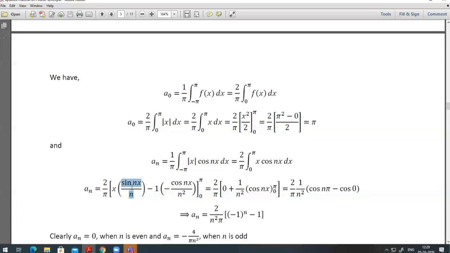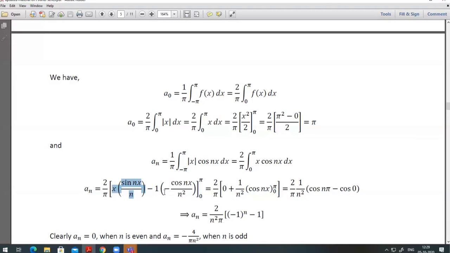Integration of sin is minus cos nx divided by n, into n square, limits from 0 to pi. So that becomes 2 by pi. If you put the upper limit, sin n pi is 0. If you put the lower limit, sin 0 is 0. So the whole first term for both limits is 0.